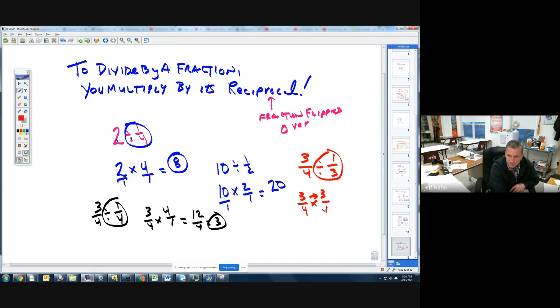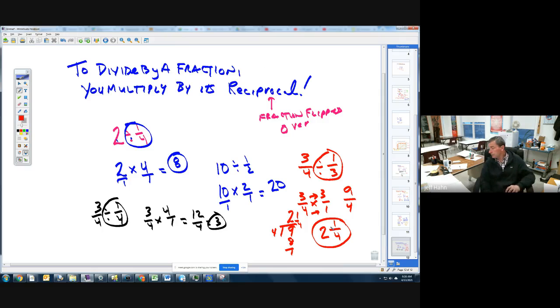And remember, when we multiply fractions, we multiply across. 3 times 3 is 9. 4 times 1 is 4. 9/4 is my answer, but I need to make that into a mixed number. 4 goes into 9 two whole times with 1 left over. So my answer is 2 1/4.